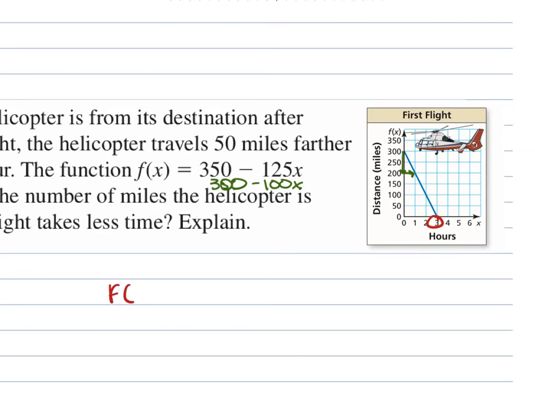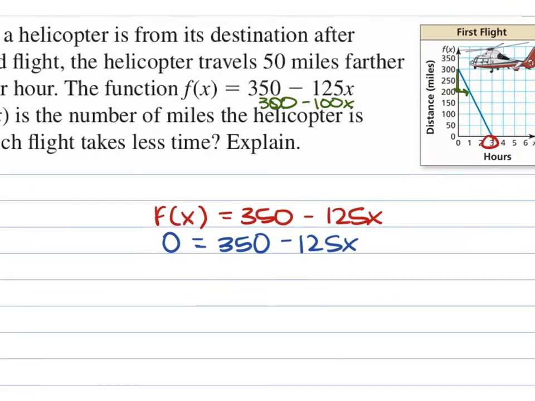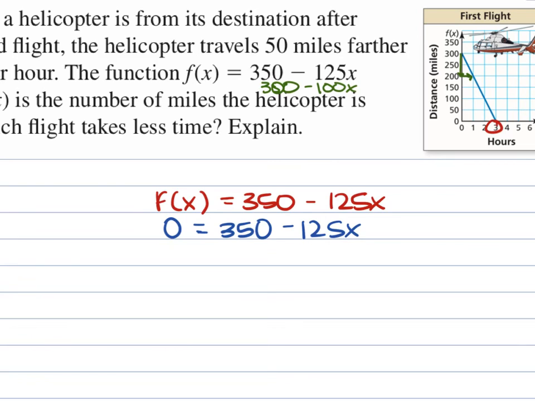If we're using f of x is equal to 350 minus 125x, and we want our y to be 0, we can plug in that 0 for y, or f of x, and see what we get for x. So with this, I could add the 125x to both sides, so that way I'm working with positive numbers.